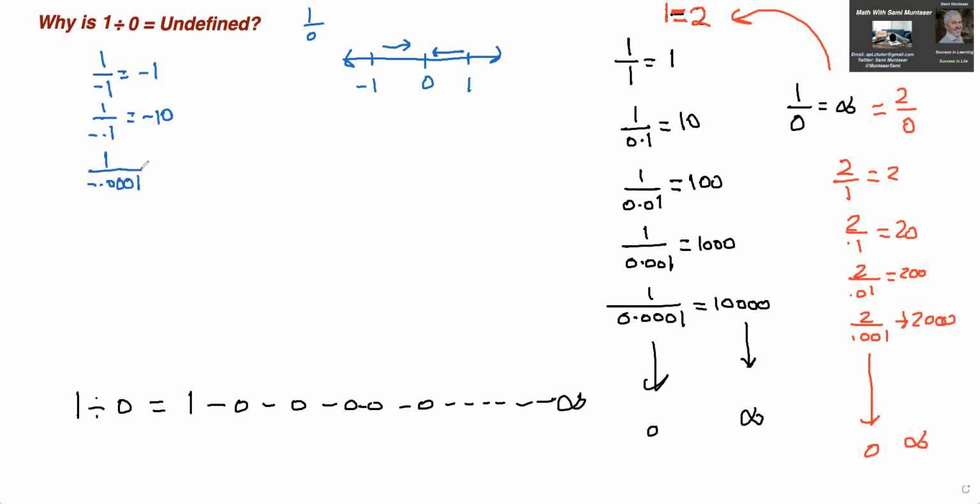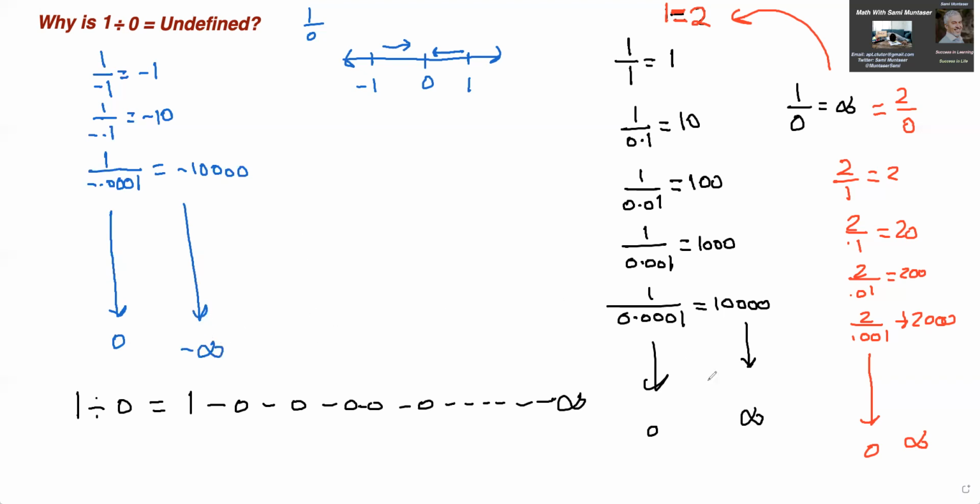I'm going to go through this really fast. So 1 divided by -0.0001 is going to give me -10,000. So when we get to -0.001, that means we're getting very close to 0 from the left side. And as we keep going and getting close to 0, what's going to happen? We're going to approach negative infinity.